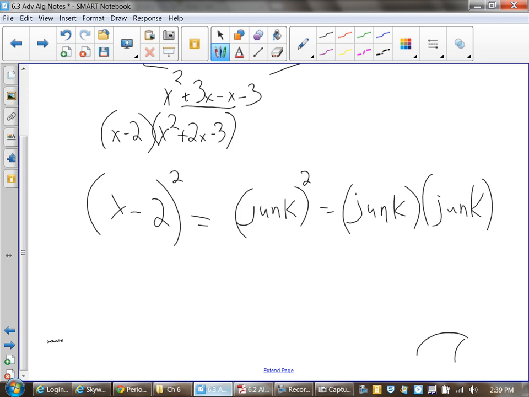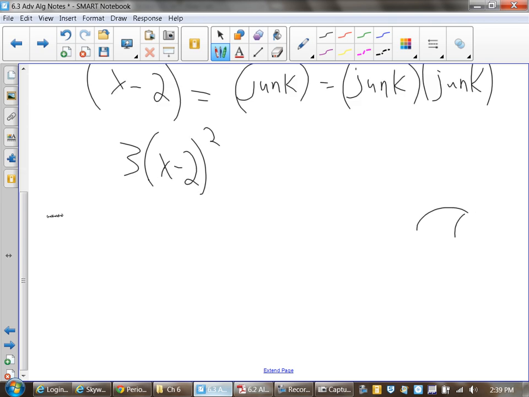But guys, I've been saying a lot of times when you see stuff squared, it's junk times junk. And I know a lot of you guys, when we did solving equations with square roots and stuff like that, had a problem where it was 3 times the quantity x minus 2 squared, and you were writing this out as 3x squared minus 12. It's wrong, guys. It's not even close. I kept telling you, junk squared is junk times junk.